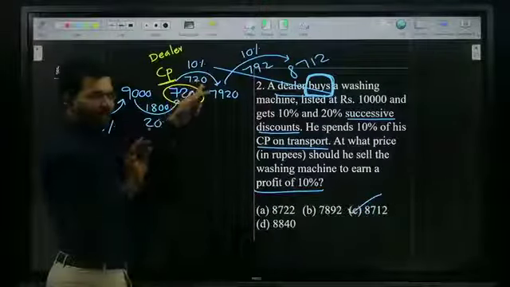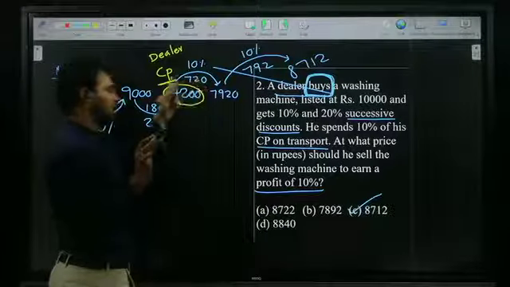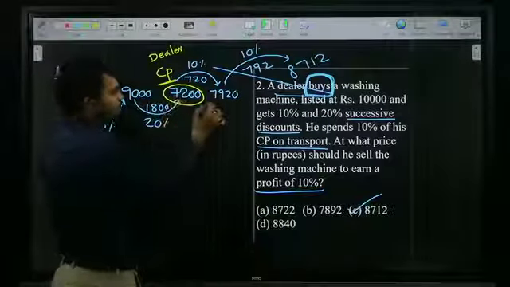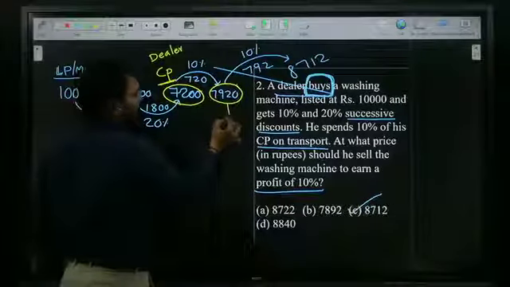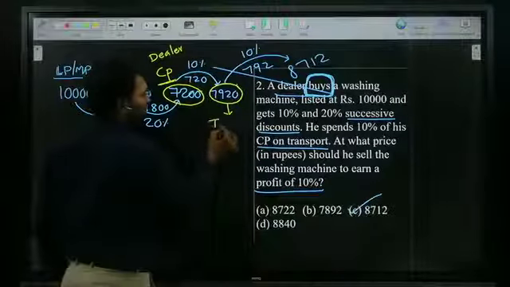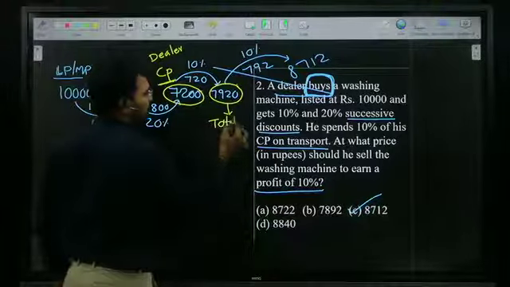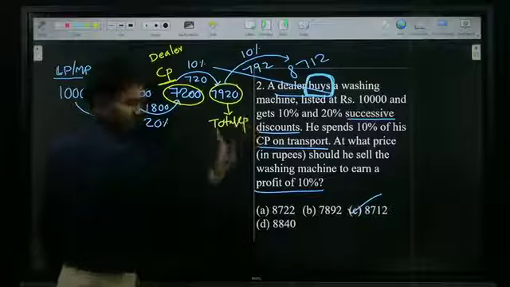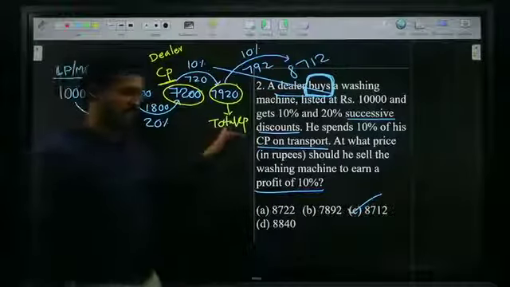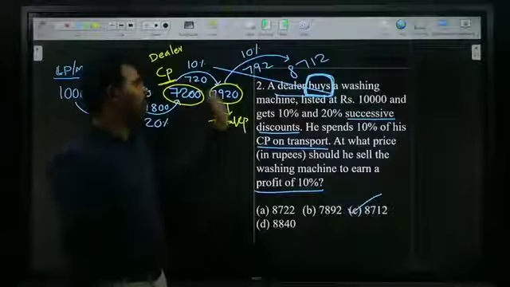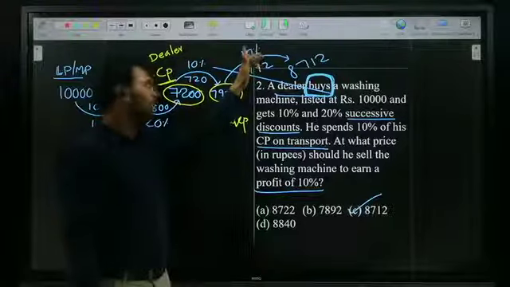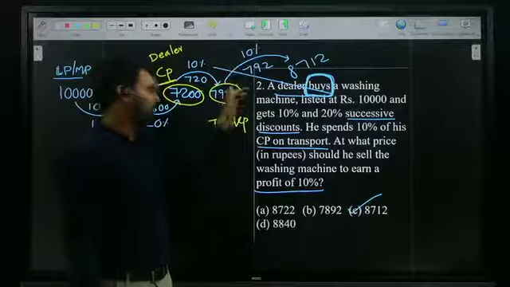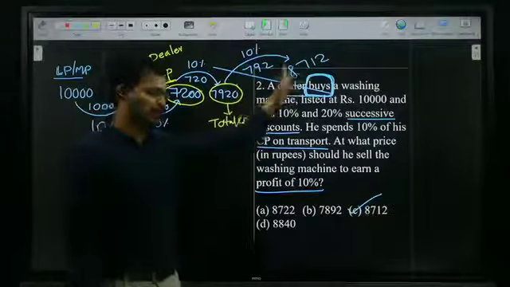I already told transportation charges are always added to the CP. So after adding, the 7,920 is the total CP for the dealer, and the dealer is selling to the customer at 10% profit. 10% of 7,920 is 792. That is nothing but 8,712.